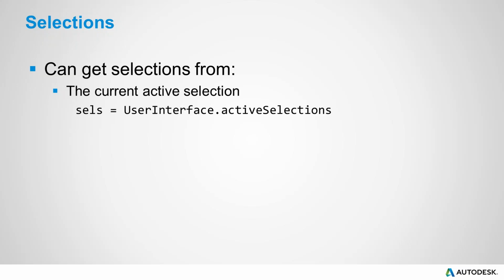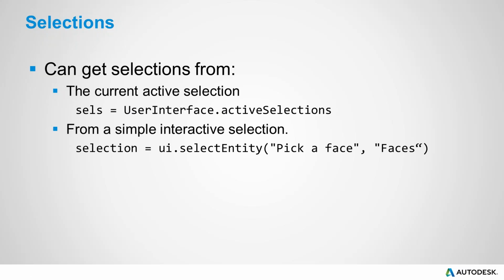Maybe my script depends on the user having first selected some edges, and then I run the script, it finds those edges and then creates a fillet, for example. From the user interface object, there's this active selections property that will return a collection of what's currently selected.